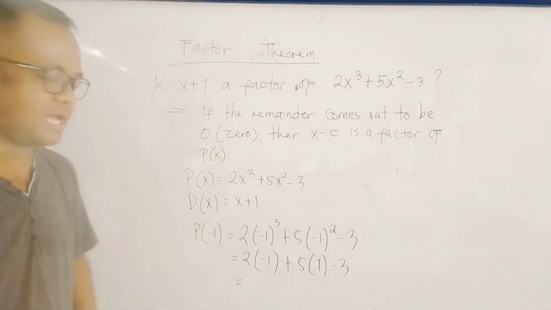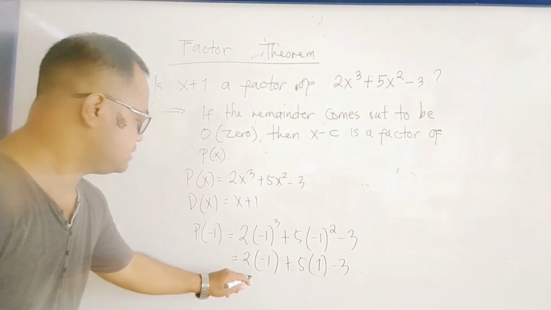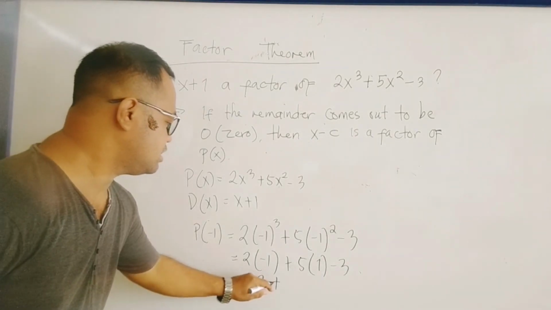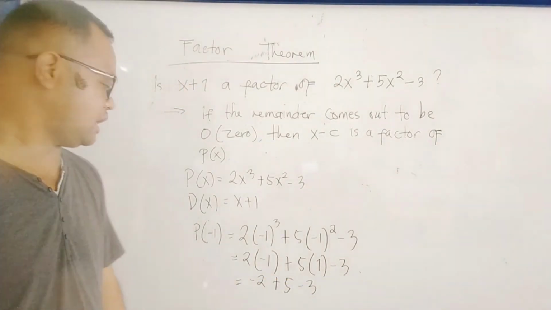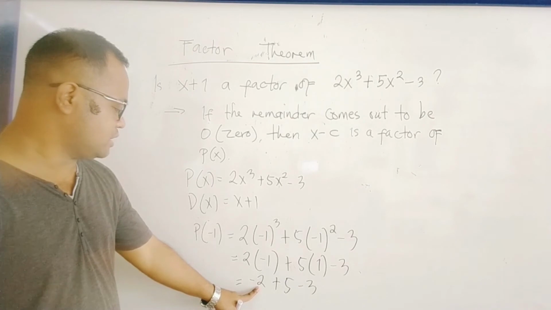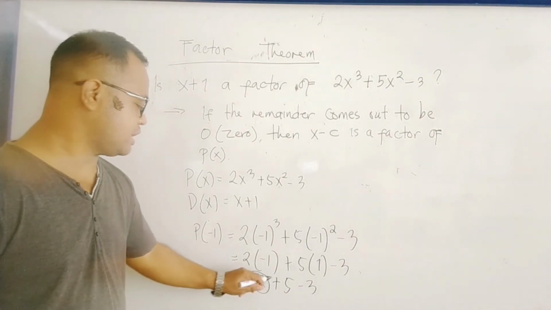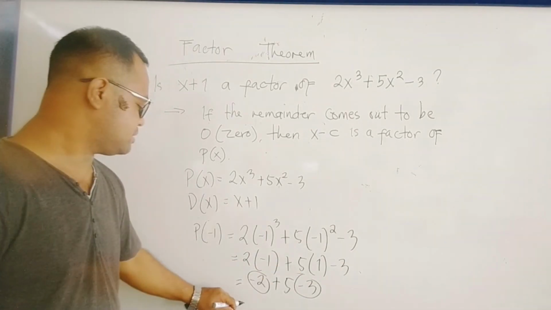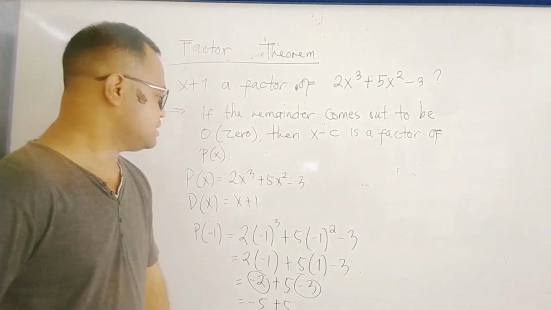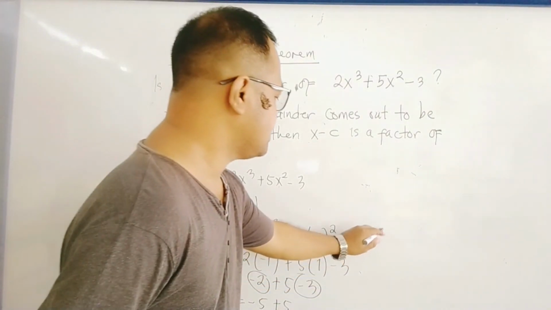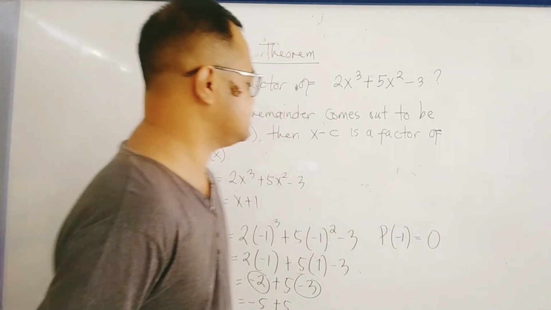So, you multiply using the PEMDAS rule. So, we have negative 2 plus 5 minus 3. Okay. You add negative 2 and negative 3, so we have here negative 5. Negative 5 plus 5. So, therefore, we have p of negative 1 is equal to 0.